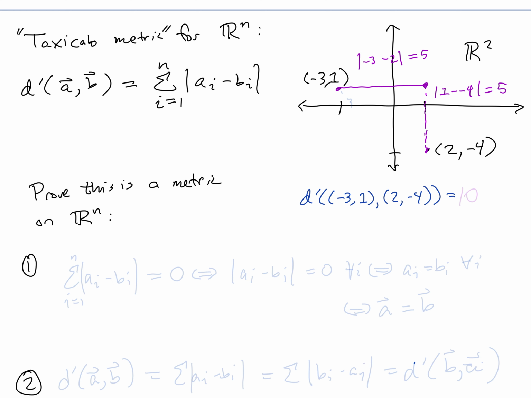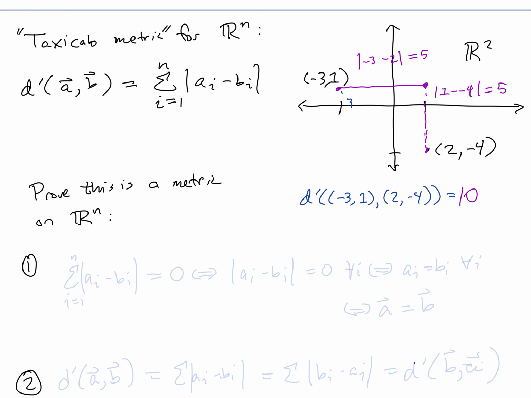And so the distance between those 2 points is the sum of those absolute values, and it's going to be 10. So this is the taxicab metric, or sometimes called the Manhattan metric, and you can probably see why. If you're driving down city blocks, you can't cut across the middle, through everybody's houses and businesses. You need to go down the roads and streets, which may be arranged in sort of a grid-like fashion.